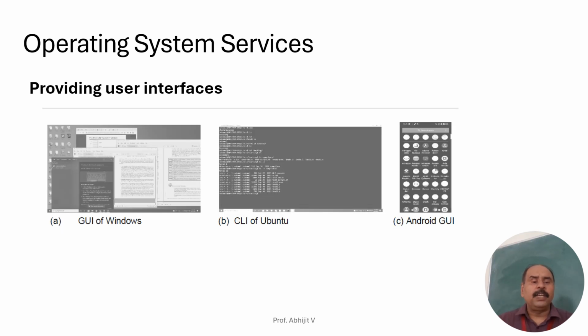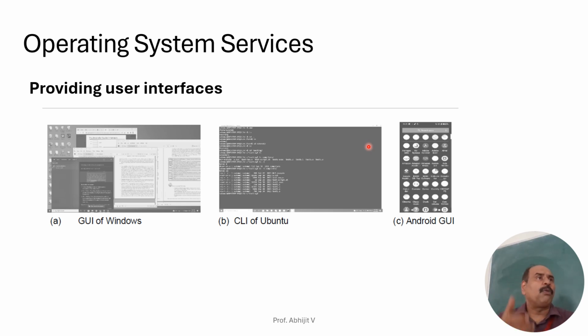So these are the different types of operating systems. We can see the graphical user interface of Windows. Here you can note how it works. Same way, the command line interface of Ubuntu. Ubuntu is a flavor of Linux. It is another operating system. Android, of course, you are very familiar with, because all of you are familiar using mobiles, right?